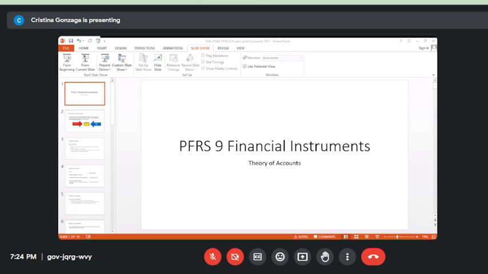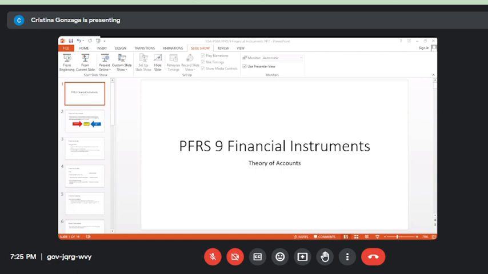However, sabi nga natin, meron din tayong fair value through P&L na debt instrument. Okay? So, makita mo yung classification ng PFRS number 9. So, it's easy to remember because the classification itself is also the measurement basis. Okay? So, that's the difference.